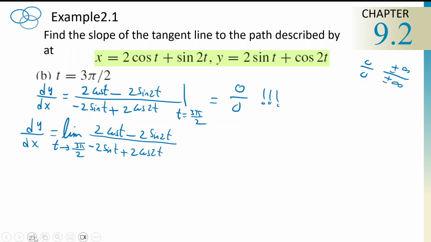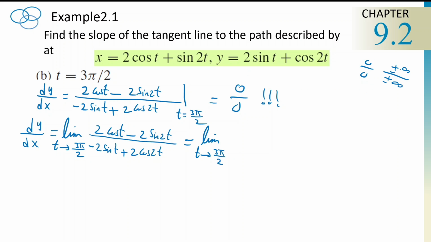And remember L'Hopital's rule, what does it allow me to do? Once you have the direct substitution, one of these cases, you can find the derivative of the numerator divided by the derivative of the denominator. It's not the quotient rule, okay? It's only like f prime over g prime. Derivative of the numerator over the derivative of the denominator, not the quotient rule. And then we'll try again direct substitution.